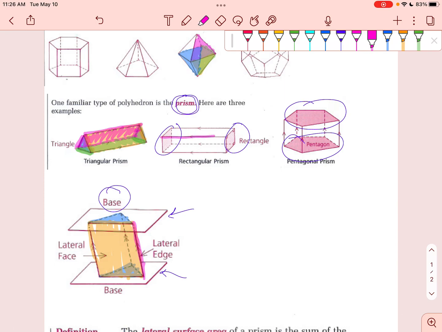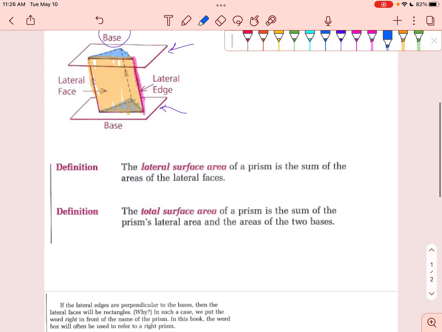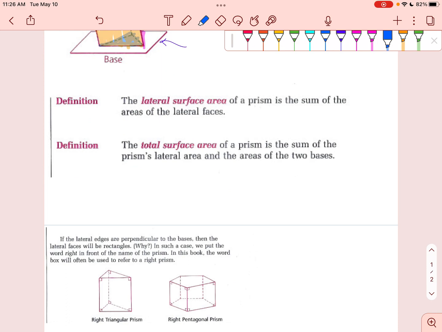So once again, up at the top on my rectangular prism, my lateral edges are in pink. Those are considered your lateral edges. And then the lateral faces are right here in blue. And then of course you have your bases as the rectangle. You can find the surface area of two different things. You can find the lateral surface area, so you guys are going to see me put LSA.